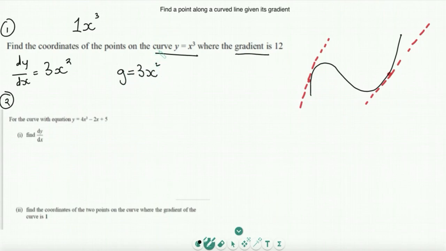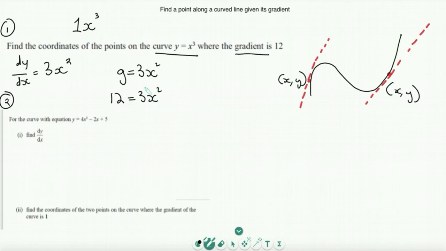And we're trying to find the coordinate, so basically the x and y coordinate when the gradient is 12. So I can replace the g value with 12 because we know the gradient is 12. So 12 equals 3x squared. And then we're just going to solve this algebraically.